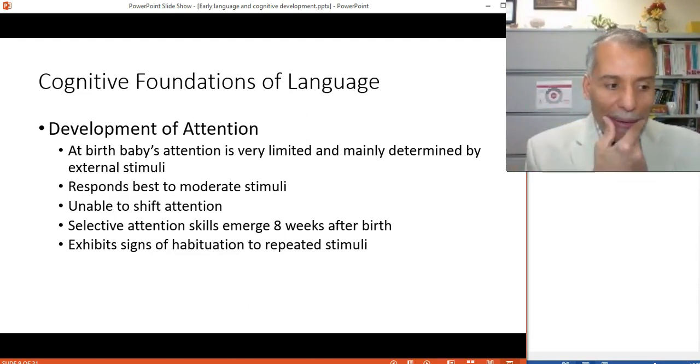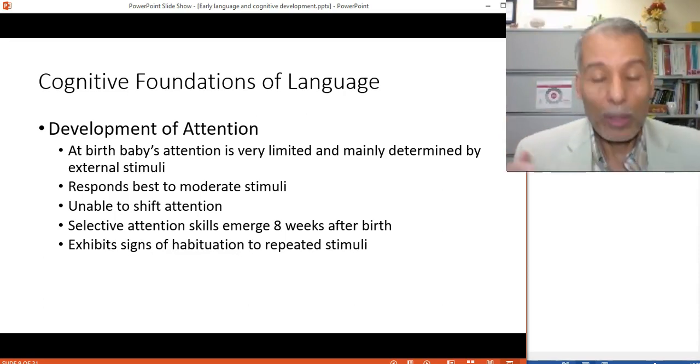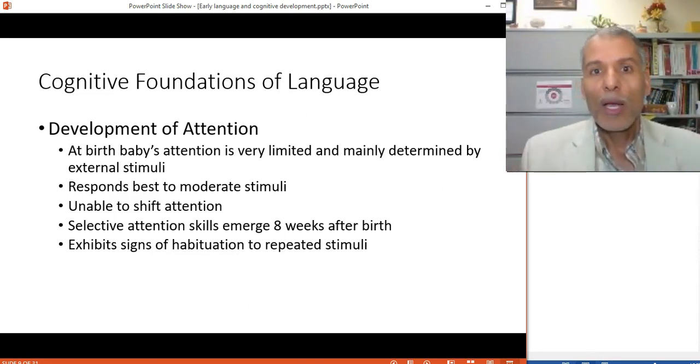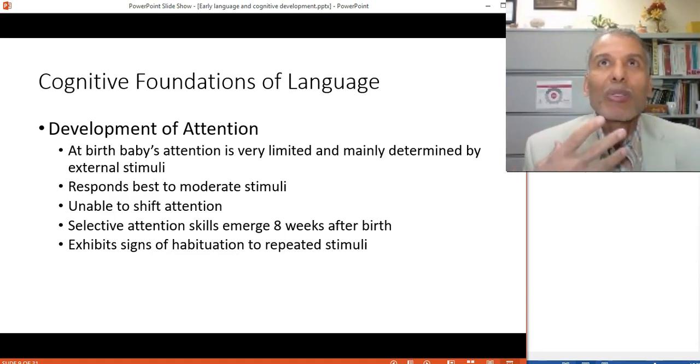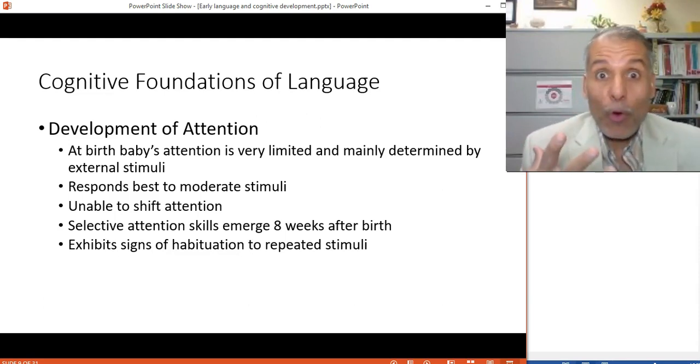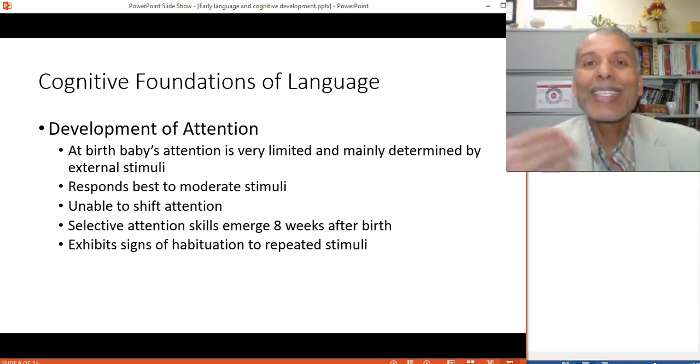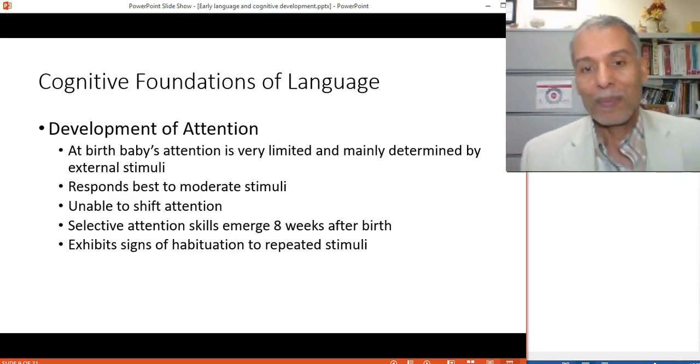For example, if you say hi, the child will be looking and will be startled, would pay attention. But you do this frequently, hi, and then you don't see that reaction again. It doesn't arouse that intense focus initially, because habituation means getting used to things.